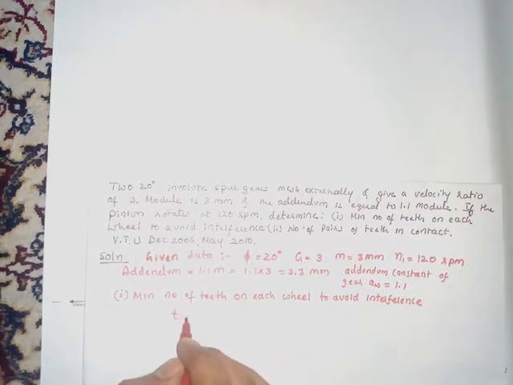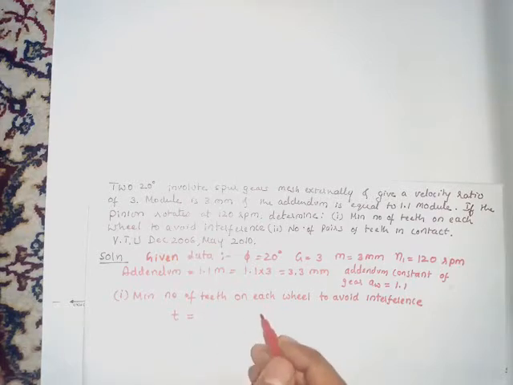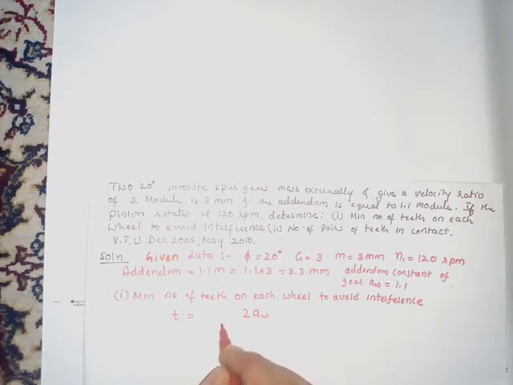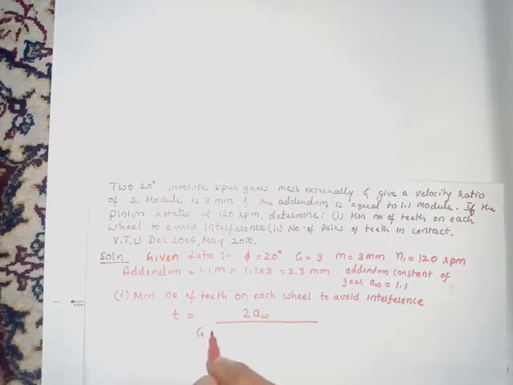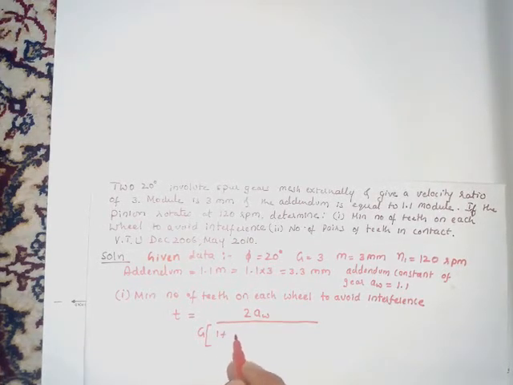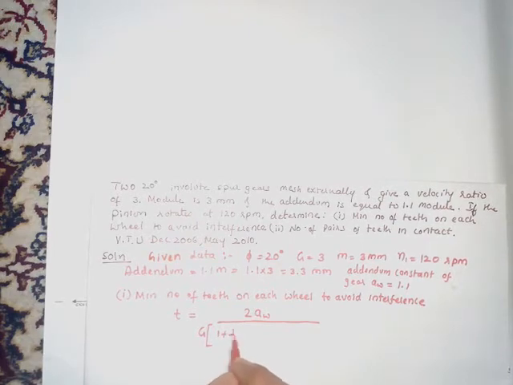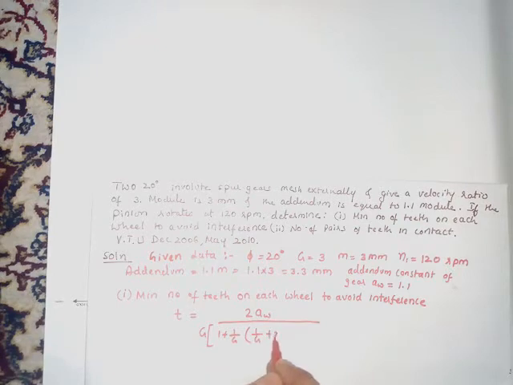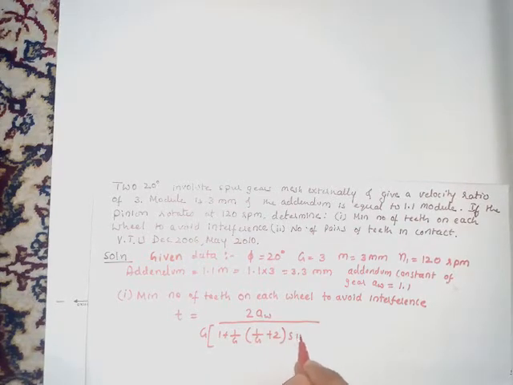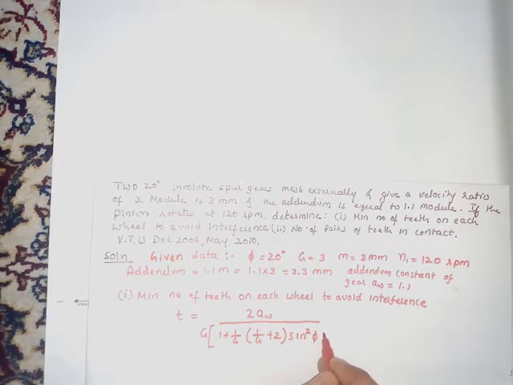It is given by small t is equal to 2AW divided by G into 1 plus 1 by G into 1 by G plus 2 into sine square phi.